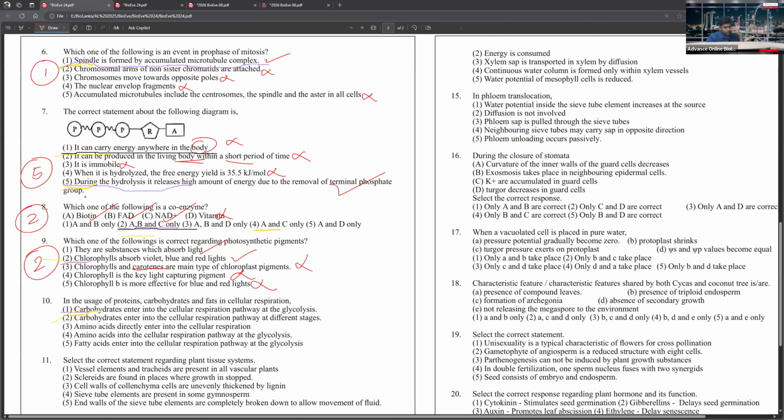Carbohydrates enter into the cellular respiration pathway at different stages. Do amino acids directly enter into cellular respiration? No, deamination is needed.